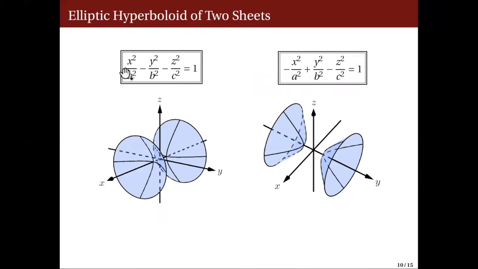So here the positive coefficient is associated to x, so you have this elliptic hyperboloid of two sheets with x-axis as its axis. On the other hand, the positive coefficient here is associated to the y variable, so we have a graph whose axis is the y-axis. But then again, personally, I prefer illustrating the first orientation.